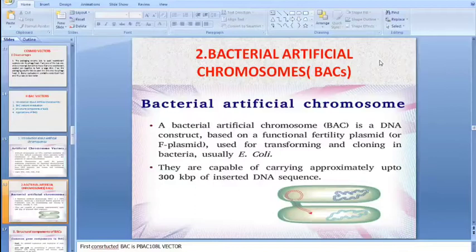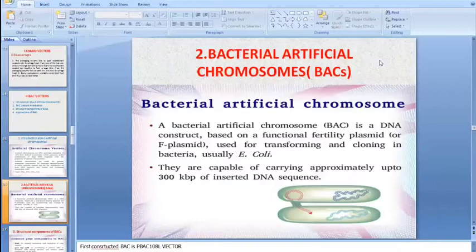So F for fertility, F plus for E. coli. That means if the F or fertility plasmid is used for transforming or cloning in a particular bacteria, from that particular plasmid we can construct this type of artificial chromosome.